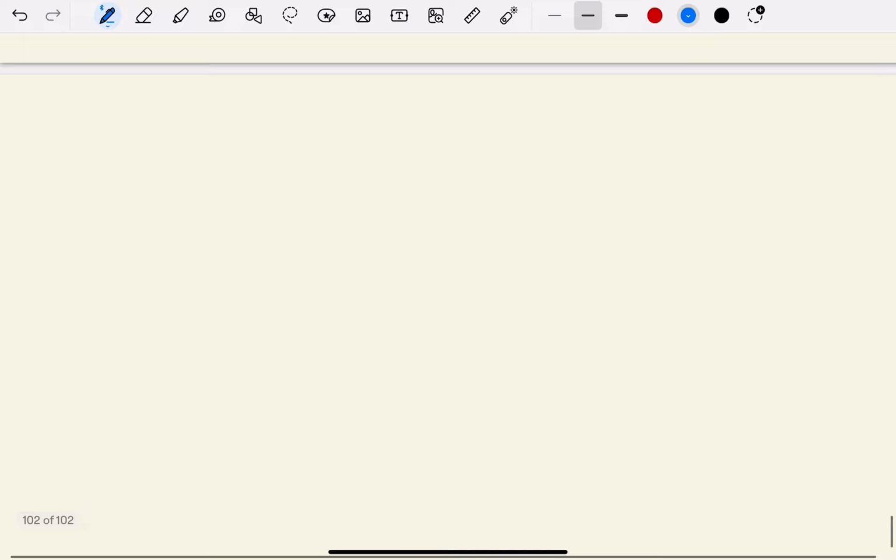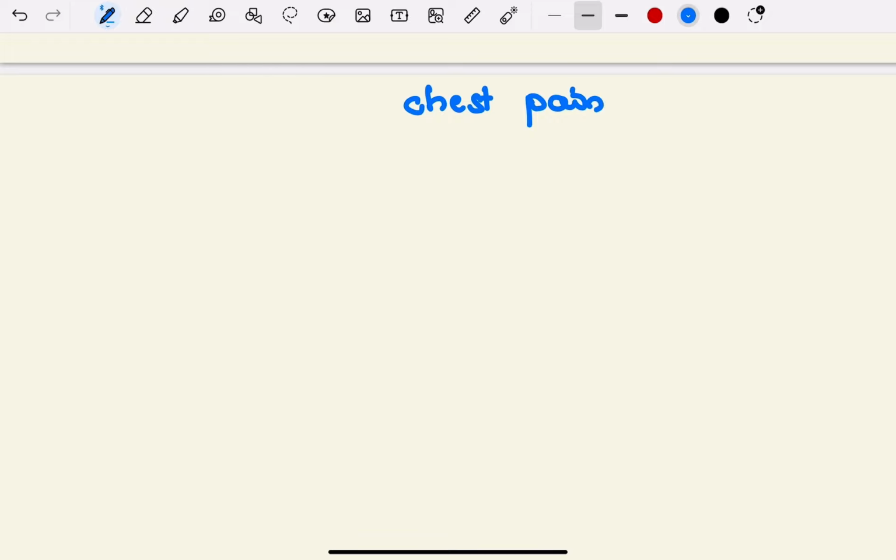Let's look at this. Whenever a patient comes with chest pain, when I say chest pain, it is typical pain in cardiac cases, so you do an ECG. You can diagnose two things.